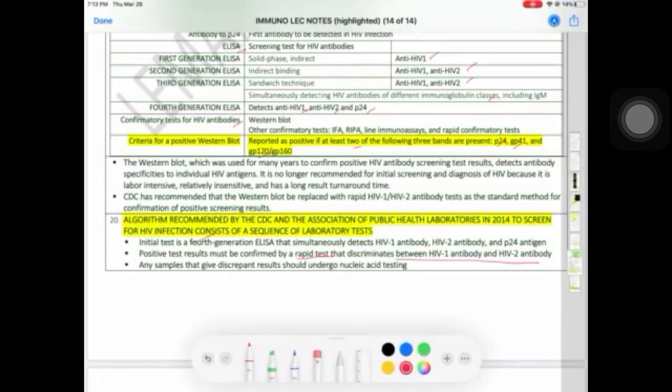So ngayon, ang confirmatory, a rapid test that will help us differentiate between HIV-1 and 2 antibodies. Ulit, initial, fourth generation ELISA; CDC recommended confirmatory ngayon, a rapid test that will help us differentiate between HIV-1 and HIV-2 antibodies.